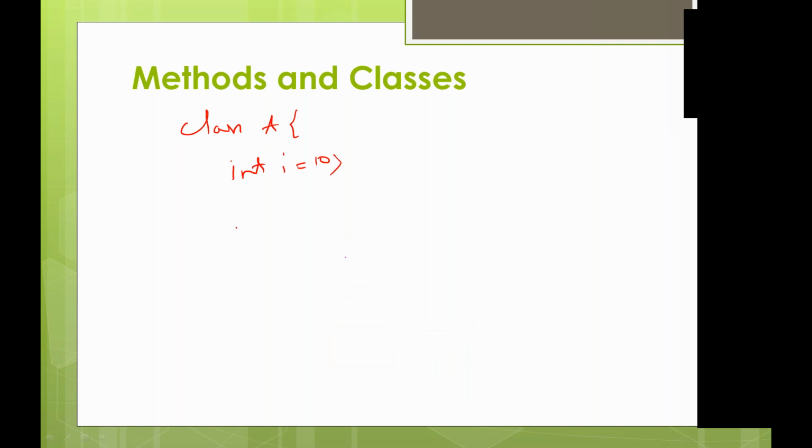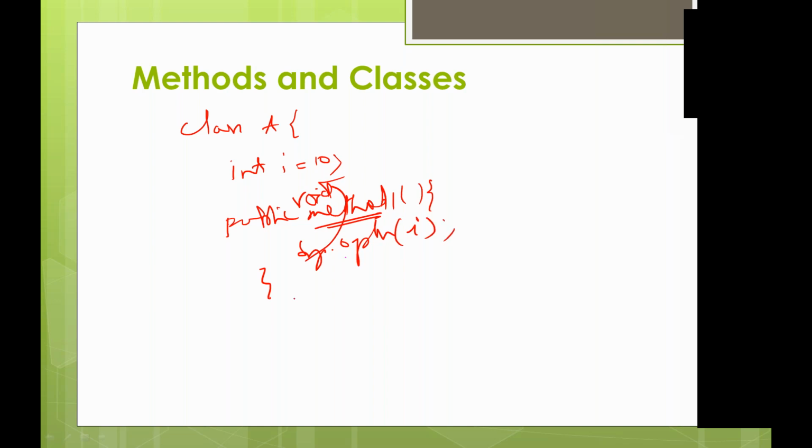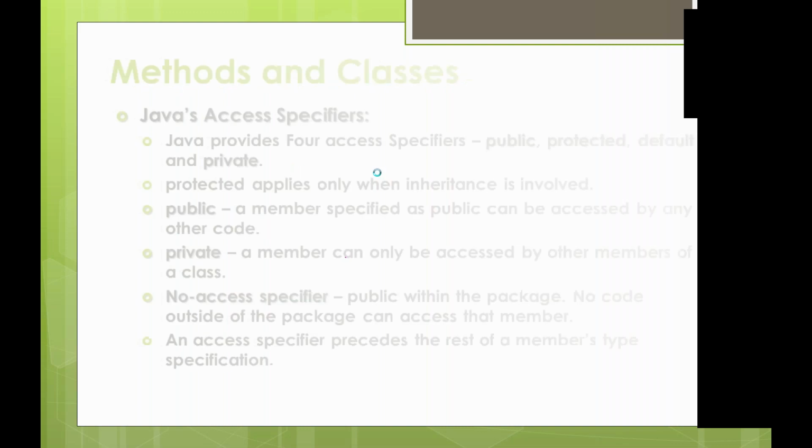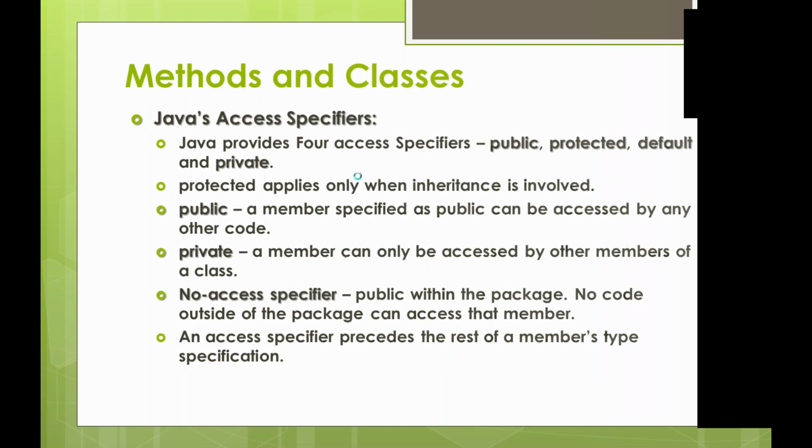And then you have some method which can access this particular value and print it, the value of i. So this method has access to this particular instance variable by default, because everything exists in this class A.